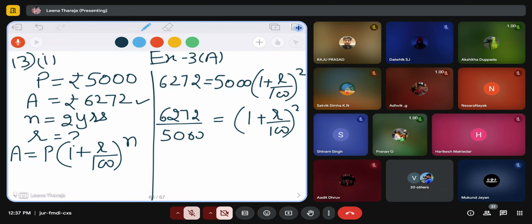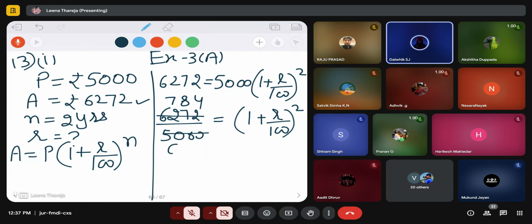You can divide both by 8. See, 8 sevens are 56, 8 eights are 64, 8 fours are 32. If you divide 5000 by 8, it is 625.